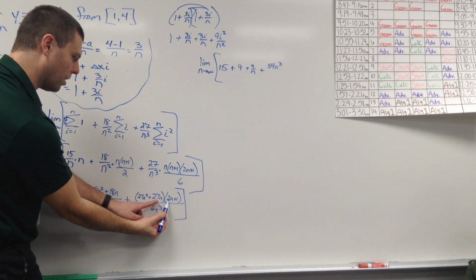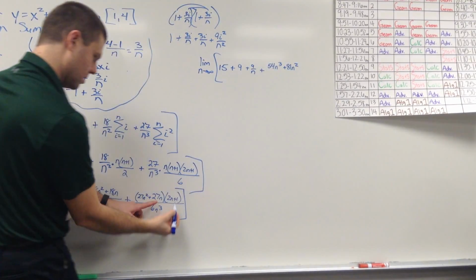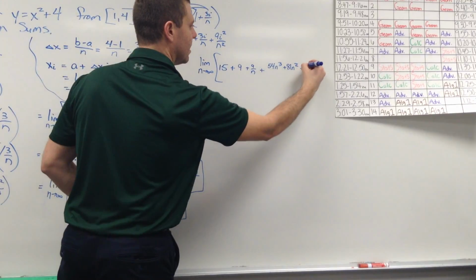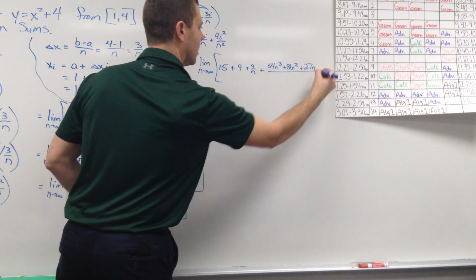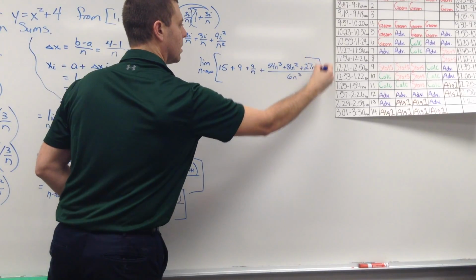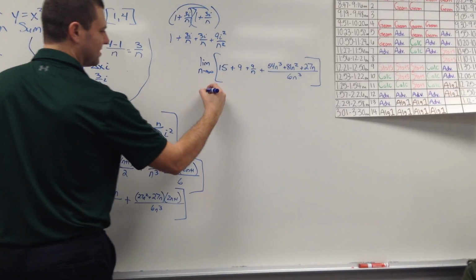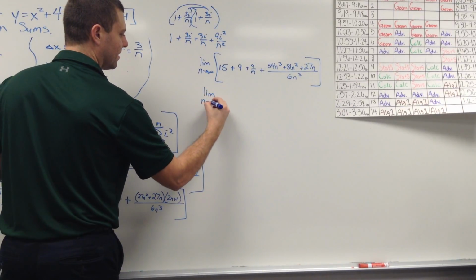That makes 81n squared. And plus 27n, all over 6n cubed. Almost done, guys. We're close.